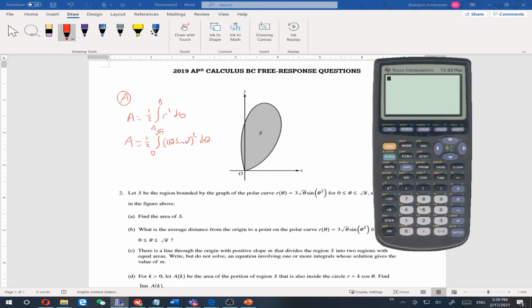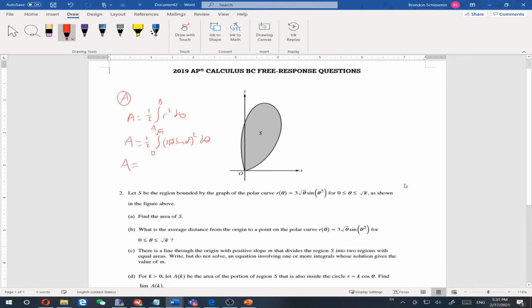And for y1, so this is 0.5 times the integral of variables y variables function y1 squared in terms of x from 0 until square root of pi. And that should give us our area. Okay, so I've got 3.53 for our area.